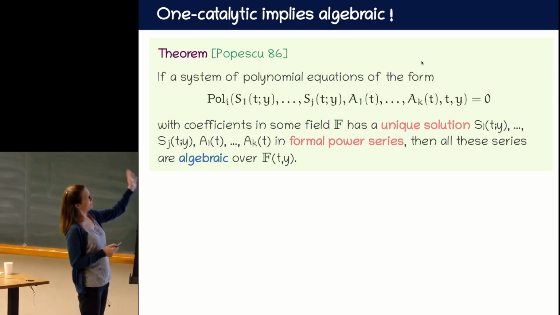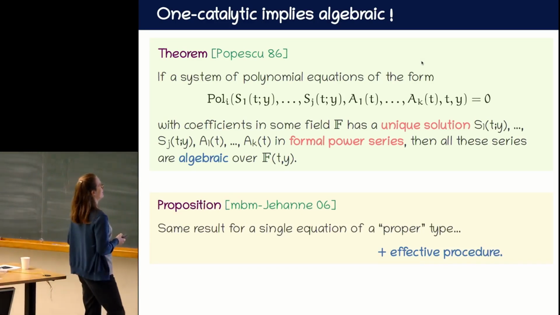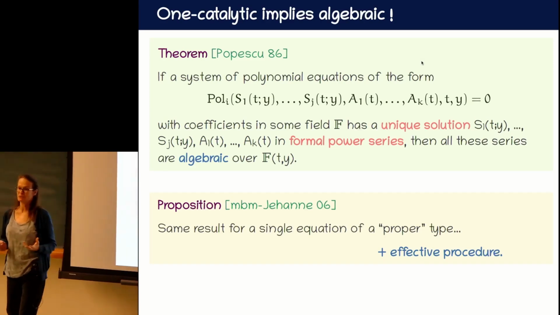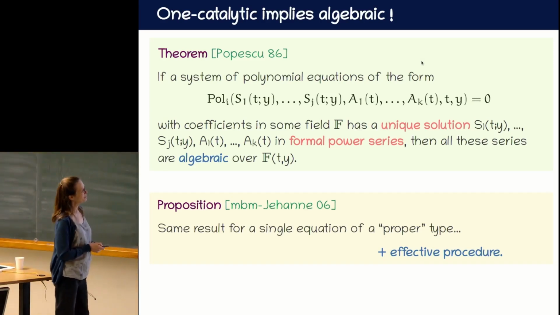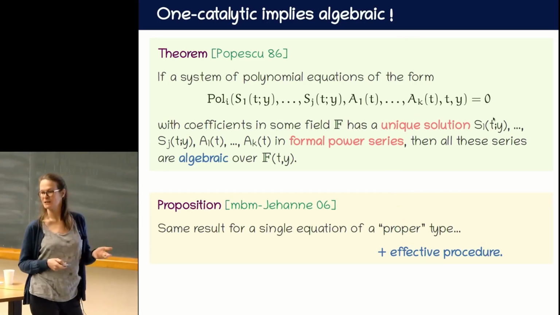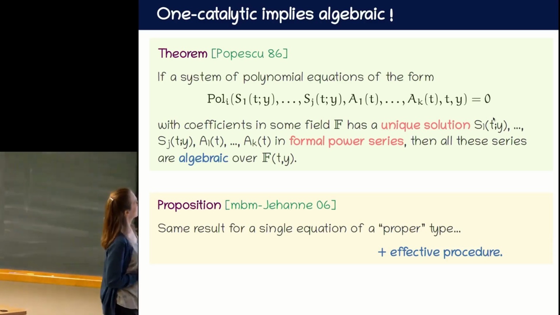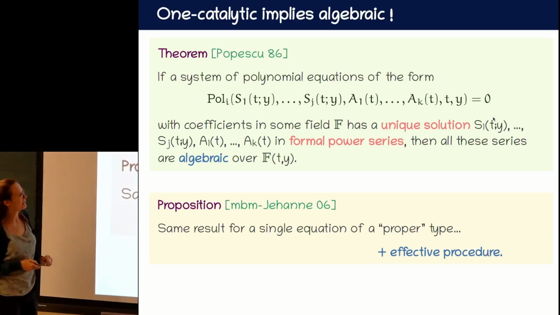So I have been ignorant of this result for years and years, to the point that 20 years later, with Arnaud Gilles, we proved the same result for a single equation. Not very impressive, of a proper type, which is something that guarantees uniqueness of the solution. But so first I understand the proof in this paper, which is not the case up there.